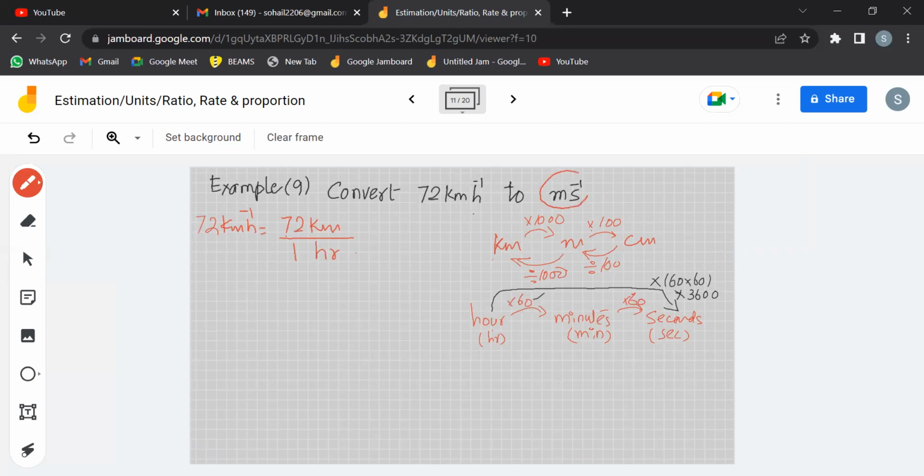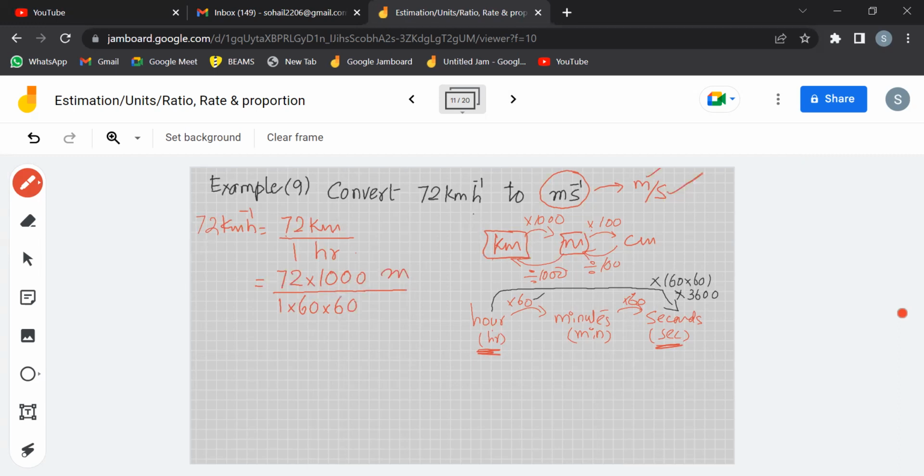As the required unit is meters per second, from kilometers to meters, 72 is multiplied by 1000, so you are in meters. Divide by, from hours to seconds, you can multiply 60 and again 60, or you can simply multiply by 3600.